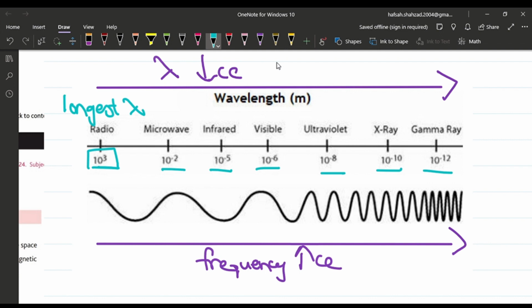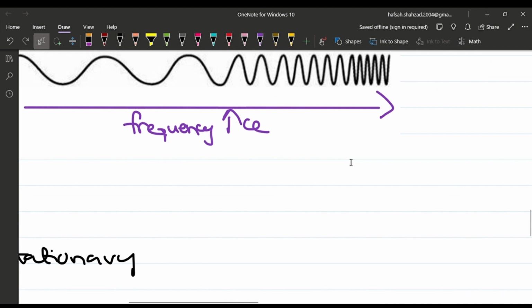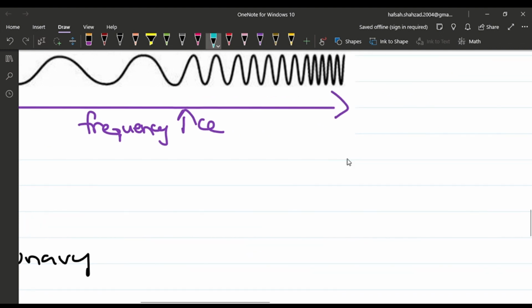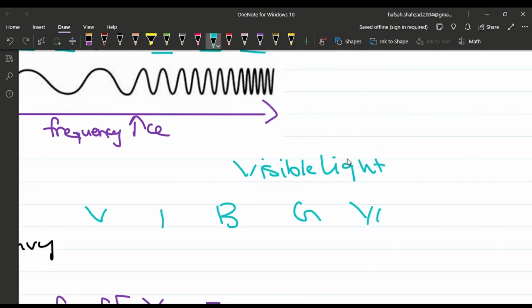Now visible light is again a spectrum of its own. If you open it up, visible light is, now some of you might remember it from WebCure. That's how I remember it, and I've always remembered it like this. It's very easy to remember it like this.